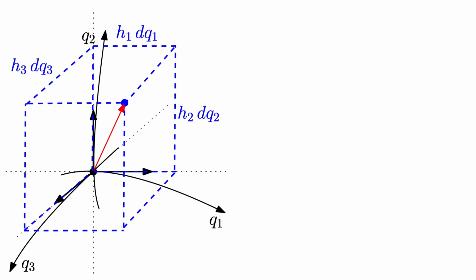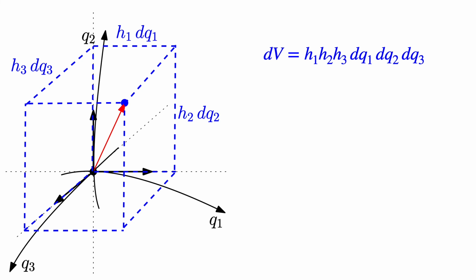If we draw in the cuboid with P and P' at opposite corners, then using the same logic as in 2D, the lengths of this cuboid's sides are h1 dq1, h2 dq2, and h3 dq3. Thus, the volume of the cuboid, which is the volume element, is dv equals h1 h2 h3 dq1 dq2 dq3.